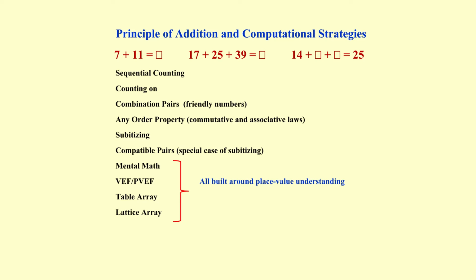So we've gone through sequential counting, counting on, combination pairs. We've talked about the important any order property, subitizing, and compatible pairs, which are pairs that include combination pairs, and this set of compatible pairs grows with age and grade level. Their list of compatible pairs begins to increase through experience, and they start learning that 7 plus 7 is 14, and 9 plus 9 is 18, and 21 plus 3 is 24.